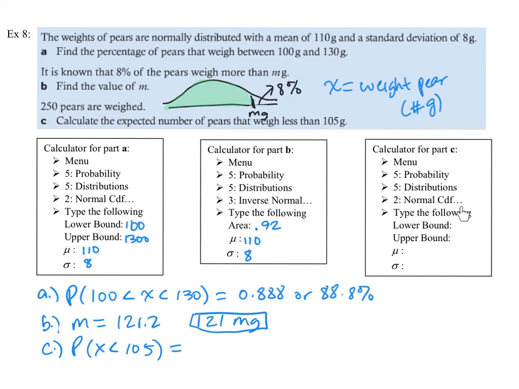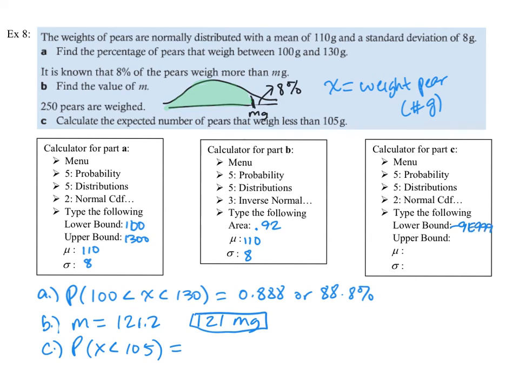And then we need to give a lower bound. Well, our lower bound would be a number that's very, very tiny, very close to 0. So you type in -9, let me fix that, we need to put -9 and then the EE button, 999.